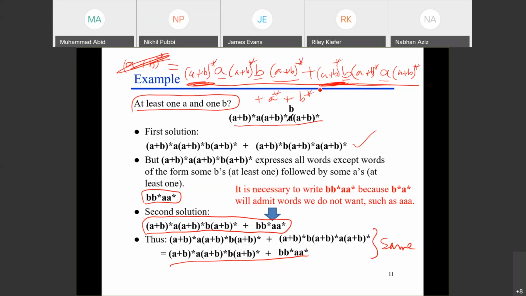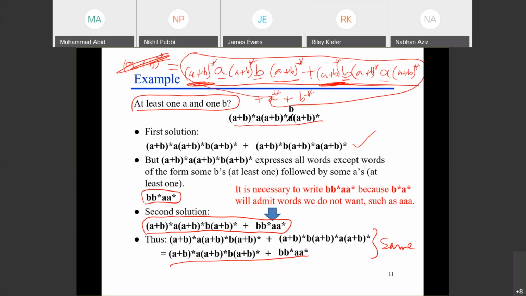So now if we add these two things, if you see this whole thing, it is good. It can generate only one A, it can generate only one B, it can generate all words composed of only A's, it can generate all words composed of only B's, it can generate all words which start with A and end with B, or start with B and end with A, and it can generate lambda.